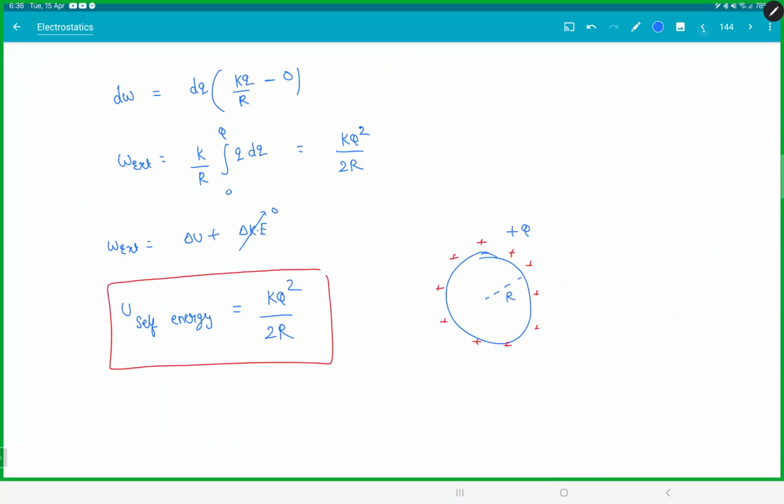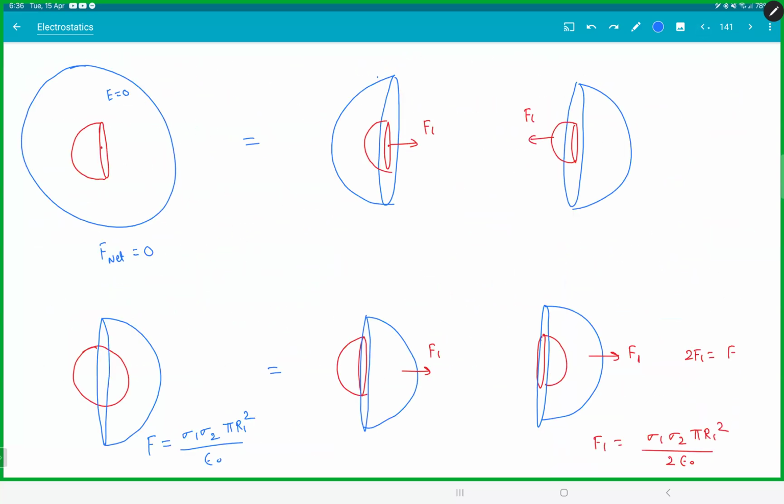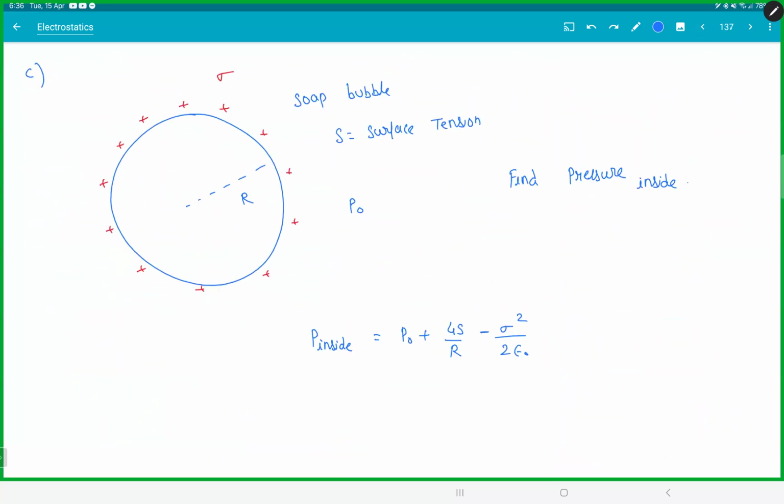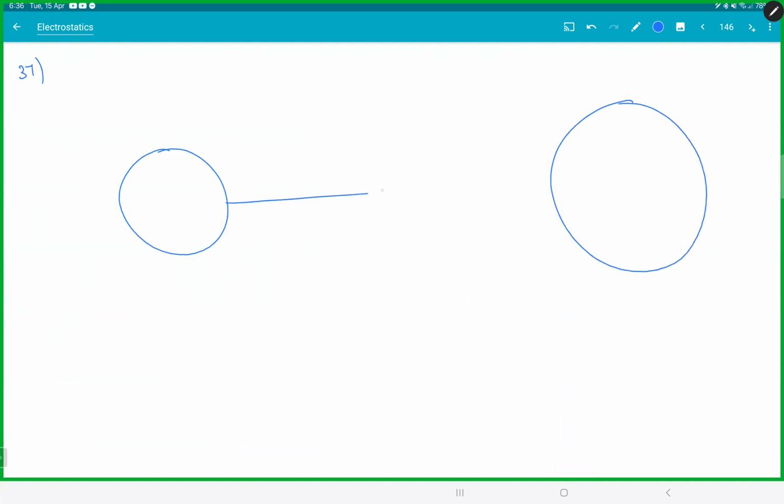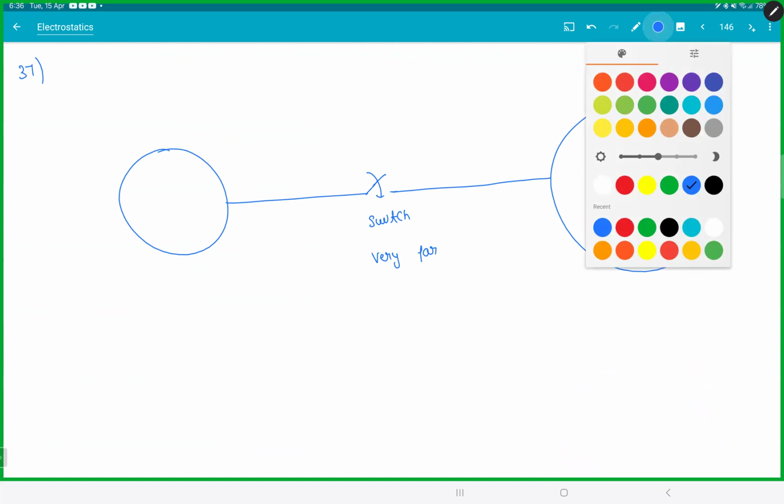Let's see a question, how they'll use this. Let's say we have a hollow shell and we have another big hollow shell. Both are connected by a conducting wire. They're very far, so the shells don't interact with each other.